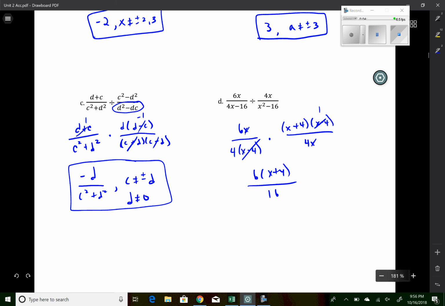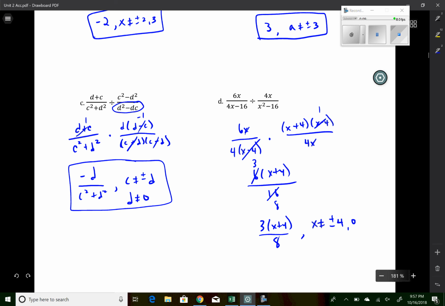Well, that's actually still reducible. 16 and the 6, well, that reduces by a factor of 2. So I could change that to 3 and 8. So my final answer is going to be 3x plus 4 over 8, where x cannot equal plus or minus 4 and 0.